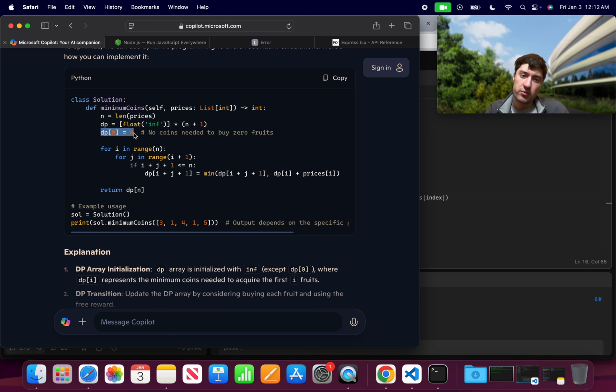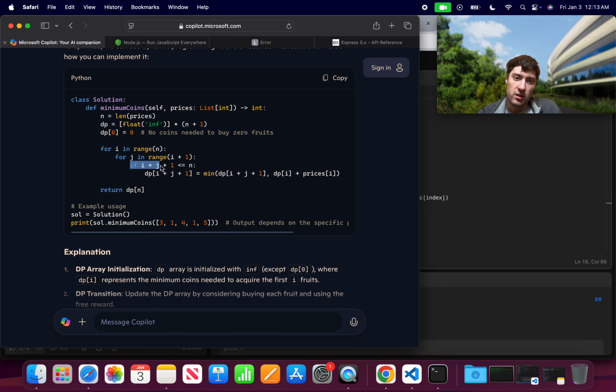For i in range n, so we're going to be going through all of the indexes. For j in range i plus 1, so we're starting at this index and then going, no, we're starting at 0 and going to that index, okay?